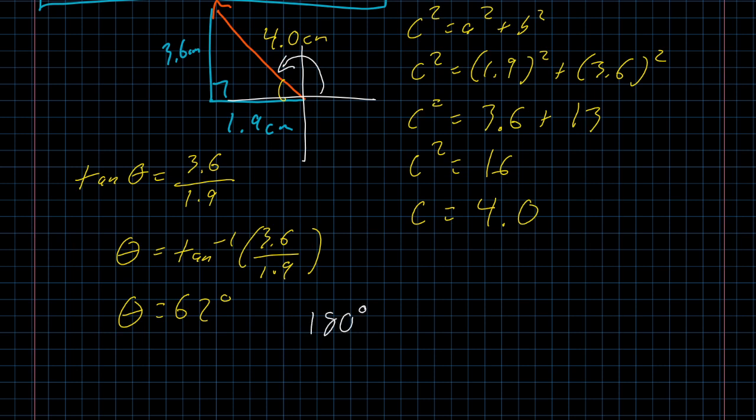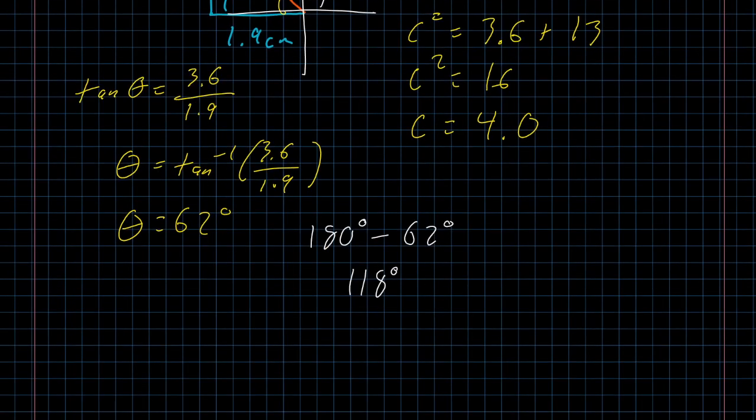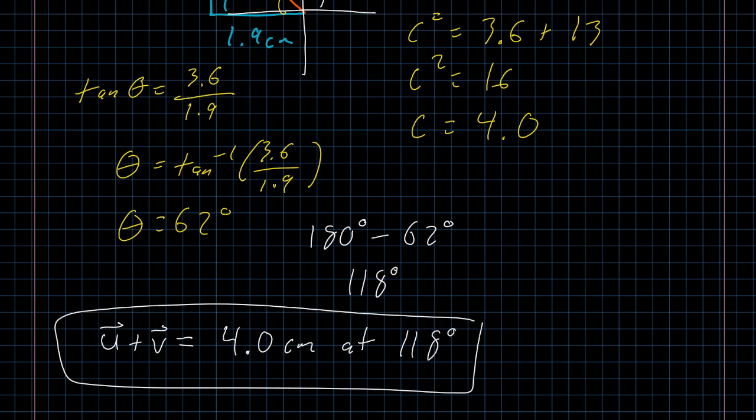I didn't make it the whole way because the last 62 degrees are taken up inside the triangle I drew, but that means that 118 degrees is what I need in order to get to that red line. My resultant vector as a magnitude and direction is 4.0 centimeters at 118 degrees.